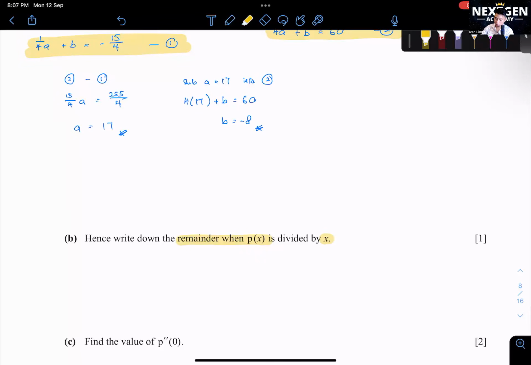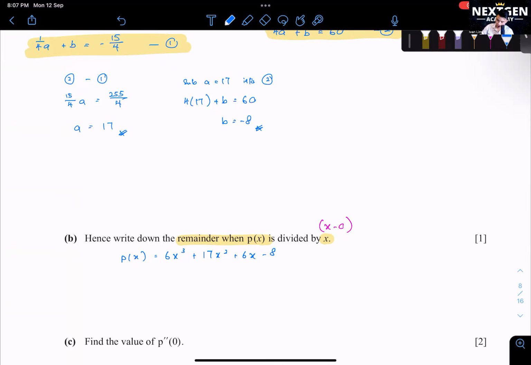So remainder when px is divided by x, you have to remember this. If they say just x only, it's actually written as x minus 0 or x plus 0. So that means I sub in my x value equals to 0. So we write down what's the px first. From the first question, we got our a and b already. So px equals to 6x cubed plus 17x squared plus 6x minus 8.